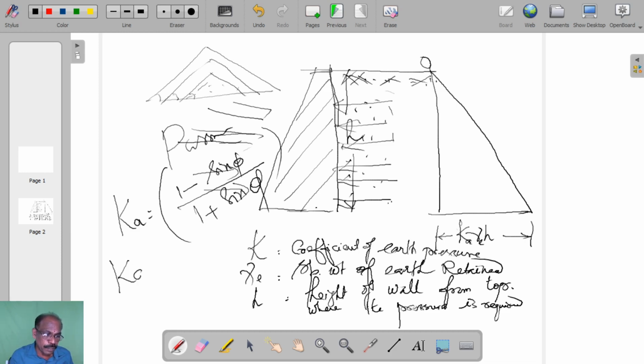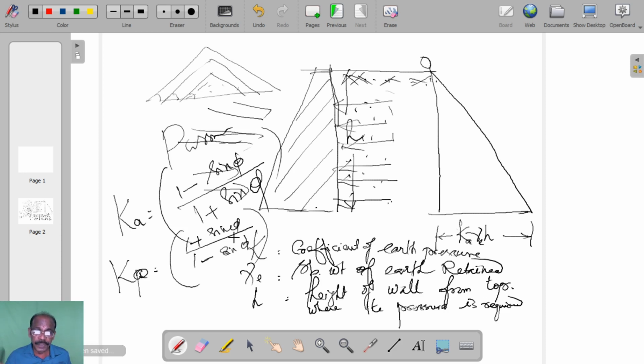Now the coefficient of passive earth pressure Kp can be found by the formula 1 plus sine phi divided by 1 minus sine phi. So simply, you put the signs in the reverse direction. So now these are the coefficient of active earth pressure and the coefficient of passive earth pressure.